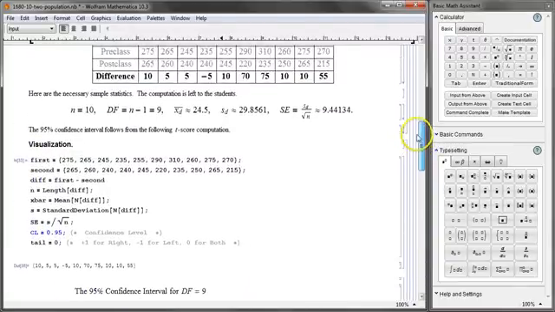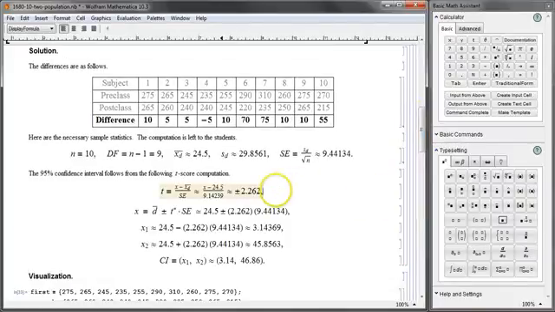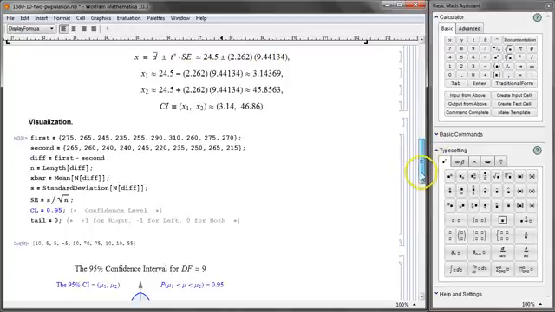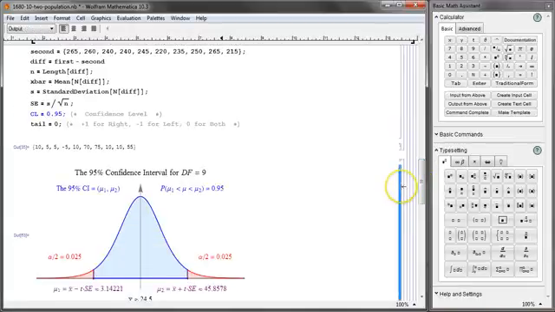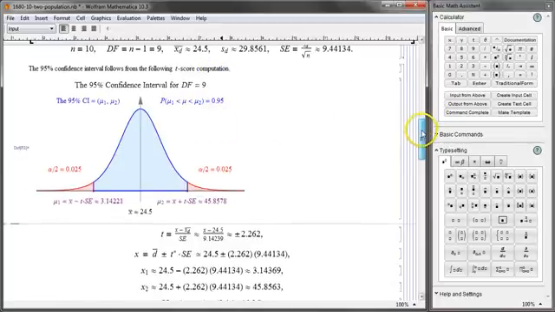And that's how we get the t-score. Let me get this picture here. Okay, copy and paste this picture.